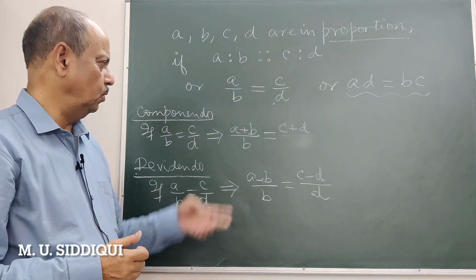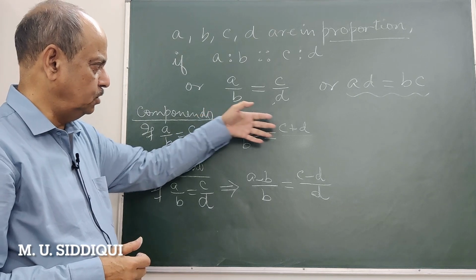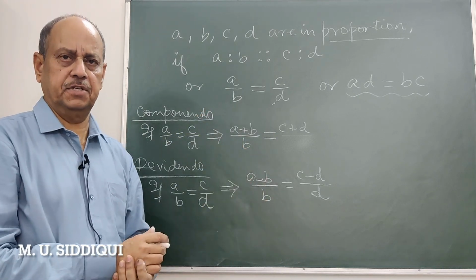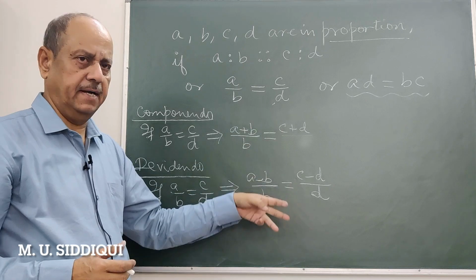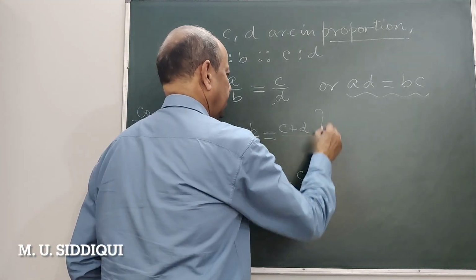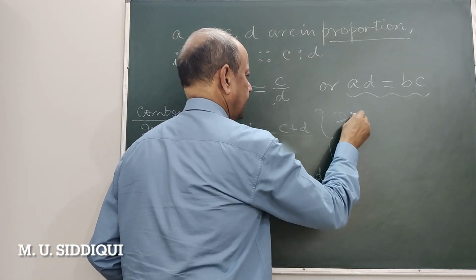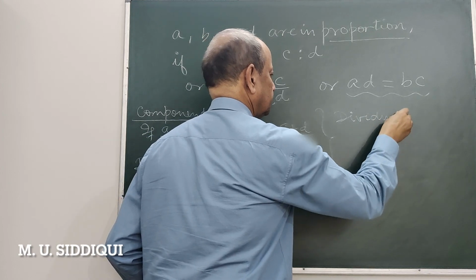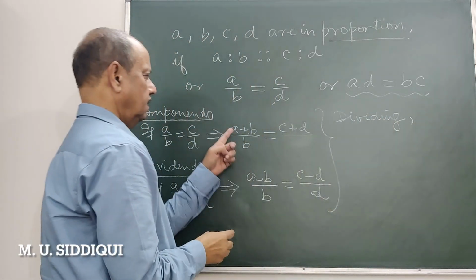And now if you take these two statements and divide the expressions left by left, right by right, that is combining the two, or you simply say dividing, what do you get?